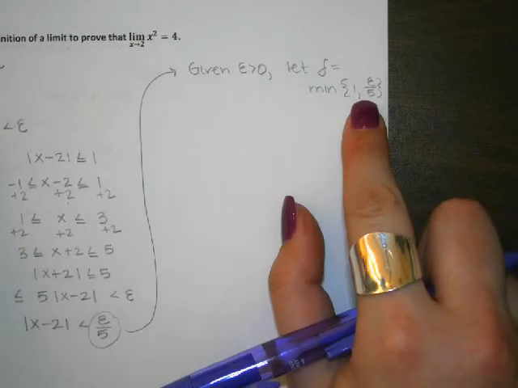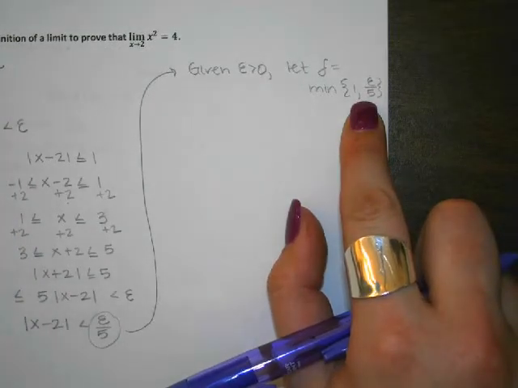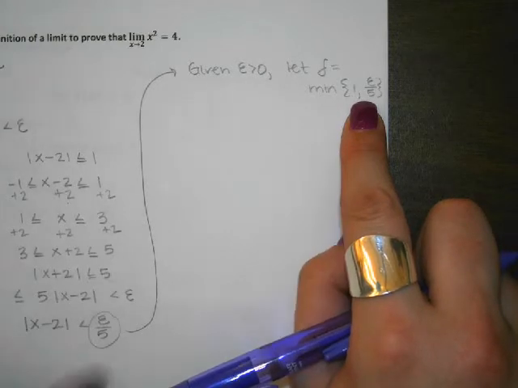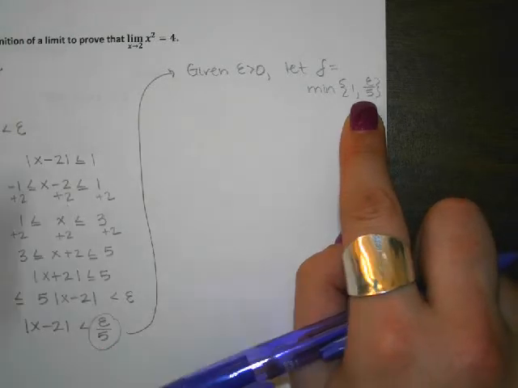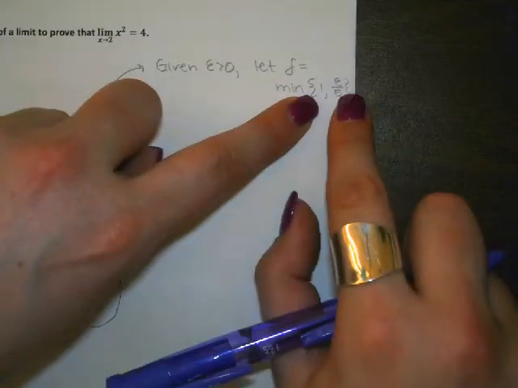So they're just saying the smallest value between 1 and epsilon over 5. And it's always 1, and then it's always the answer you just got. 1 comma epsilon over 5.